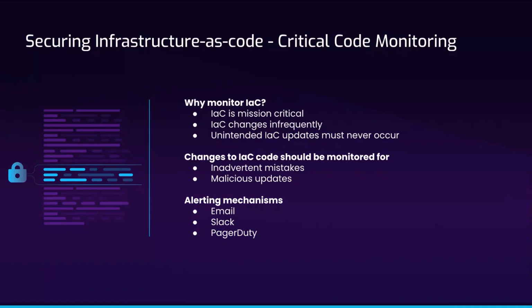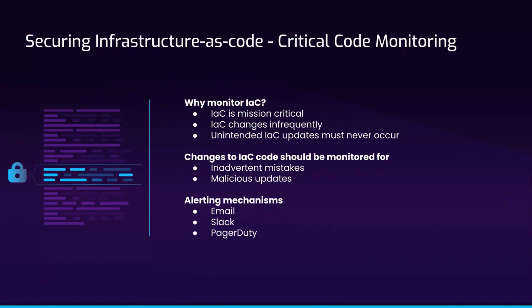So changes to infrastructure as code should be monitored. For one, to make sure that there are no inadvertent mistakes. Number two, to make sure that there are no malicious updates by a malicious insider or by a hacker breaching your environment and making changes that you don't want made.